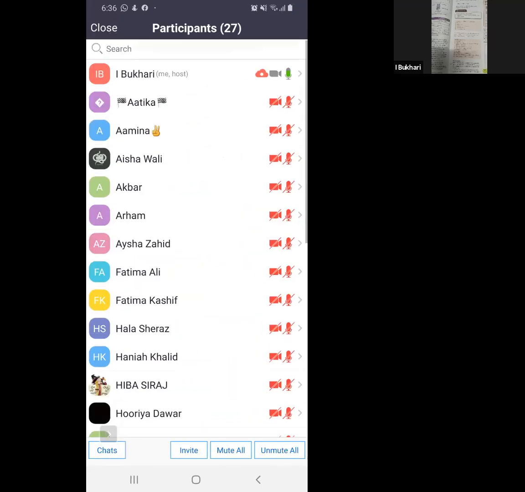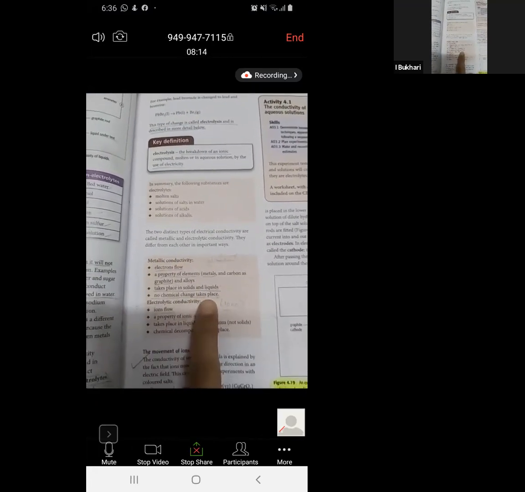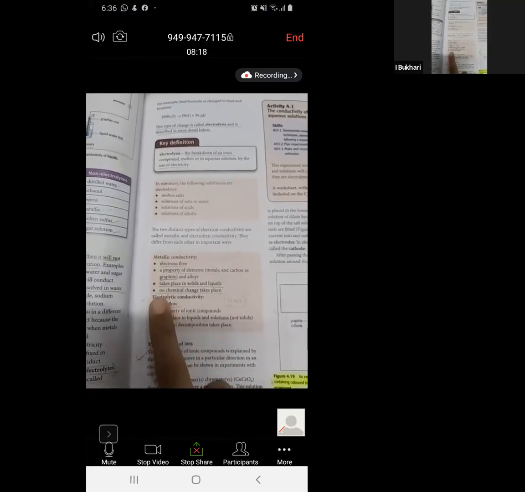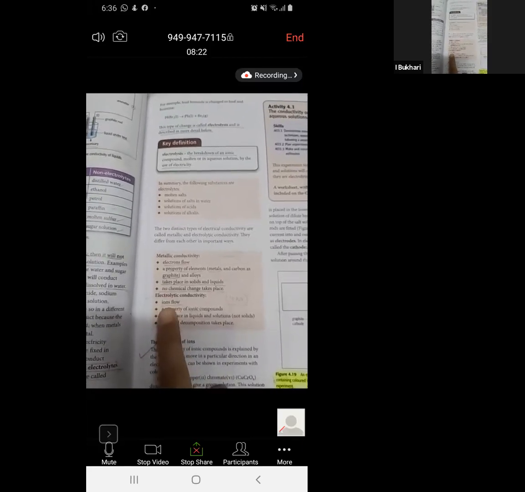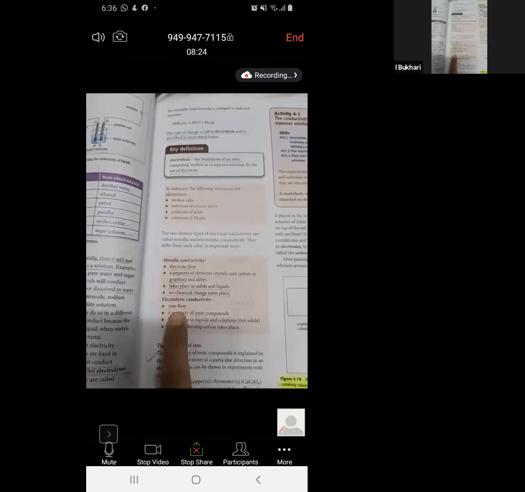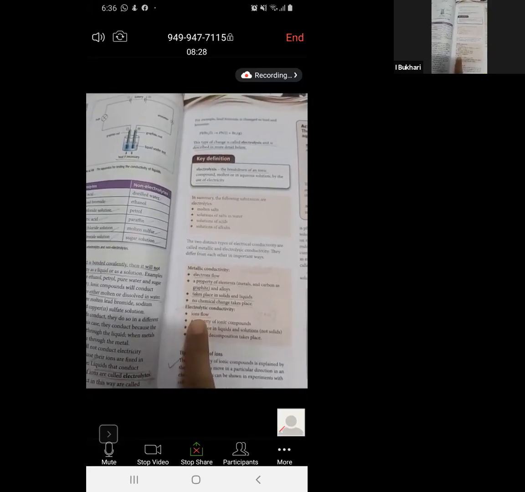So what other points have they talked about? No chemical change takes place when there is metallic conductivity through solids, but electrolytic is through liquids, through electrolytes. Electrolytes are those liquids that can conduct electricity. So no electrons in case of liquids.